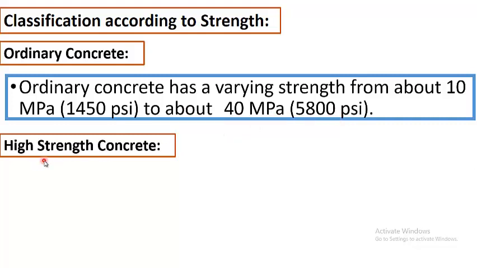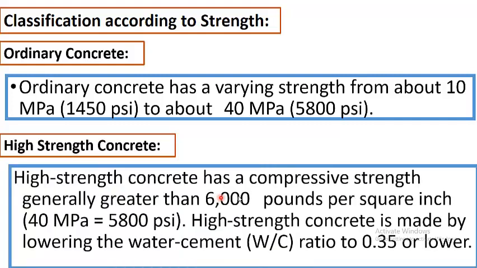The other classification of concrete according to strength is high strength concrete. High strength concrete has a compressive strength generally greater than 6000 pounds per square inch. 40 megapascal is equal to 5800 psi, as the bracket for ordinary cement concrete is 5800 psi.